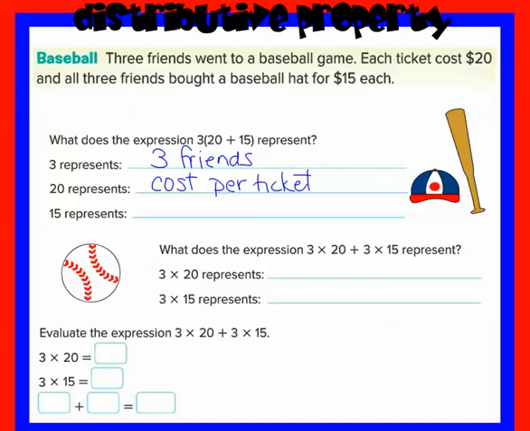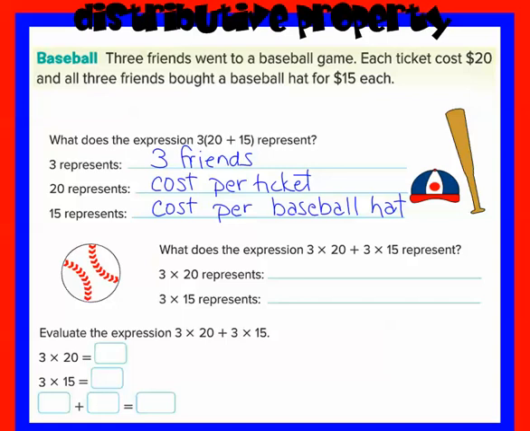And the 15 represents the cost per baseball hat. And it's very important as we are looking at situations and stories and word puzzles that we understand how we can represent each part of the story.